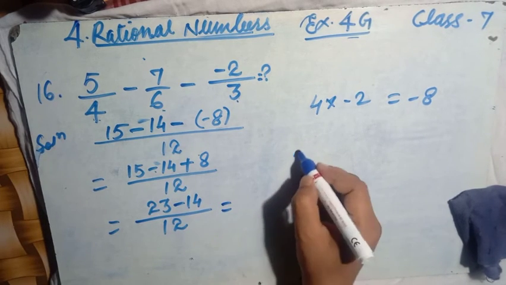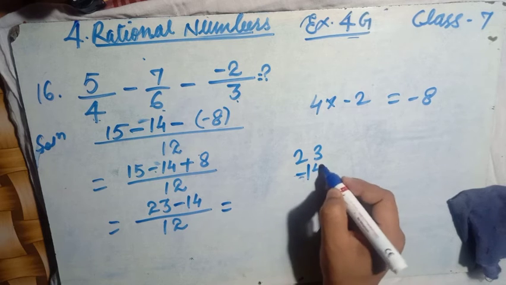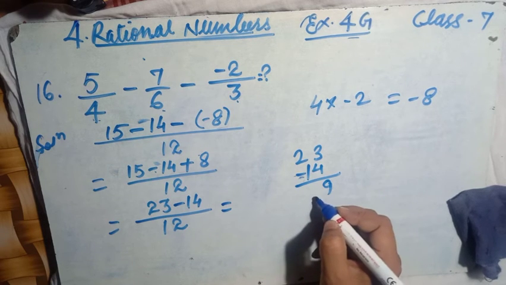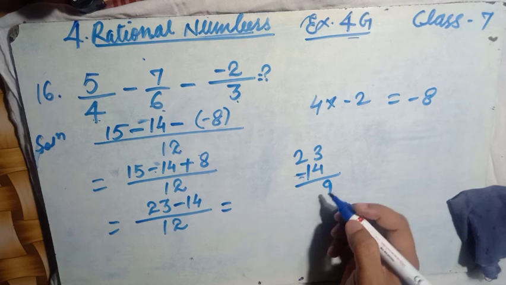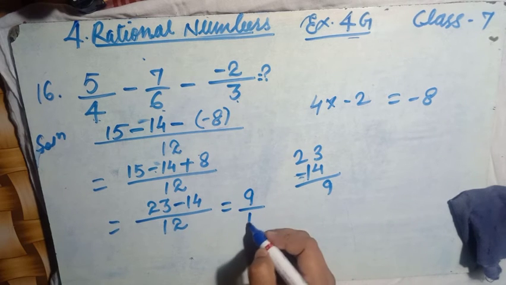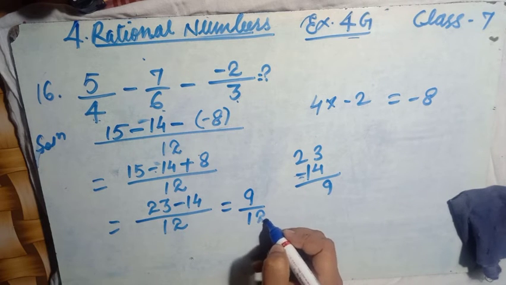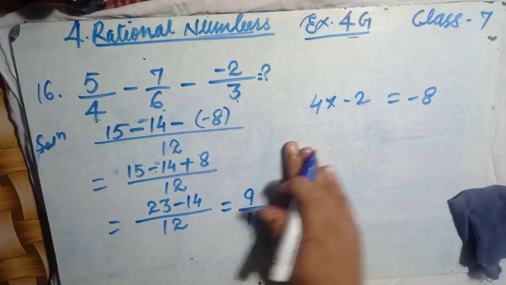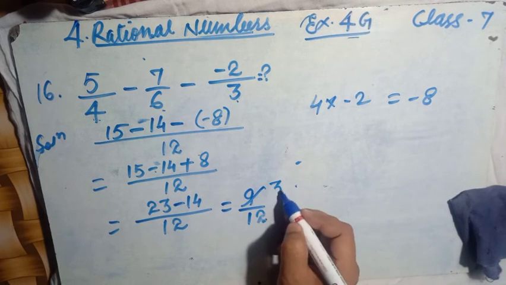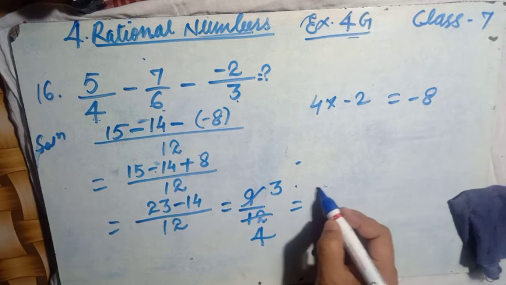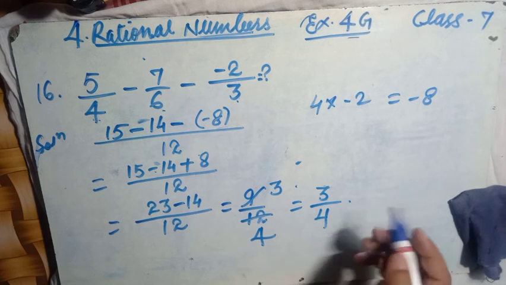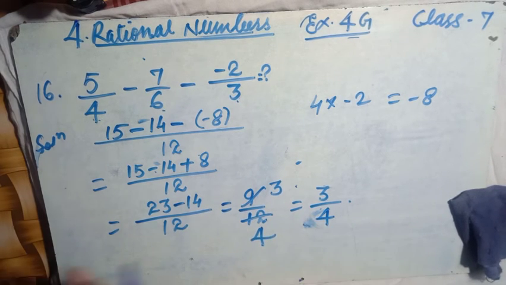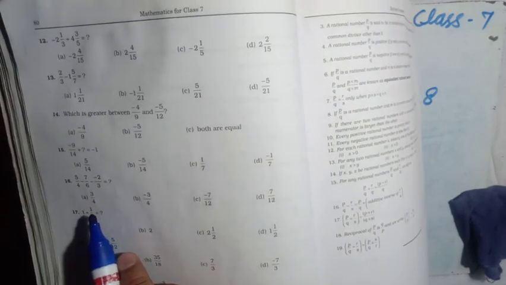Now 23 minus 14 is equal to 9. So this is 9 divided by 12, and now this will get cancelled: 3 threes are 9 and 3 fours are 12. Here 3 by 4. Now you can check which option is correct. Your answer is 3 by 4. Yes, option A is correct.